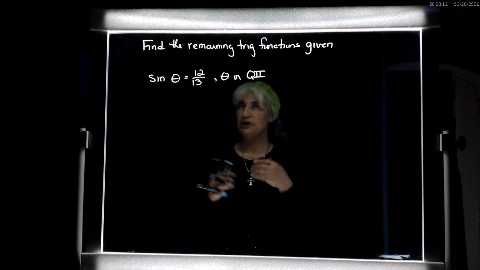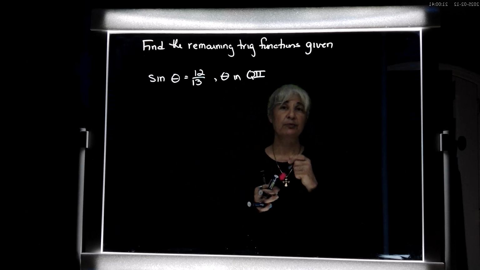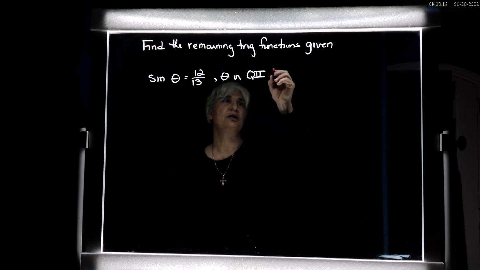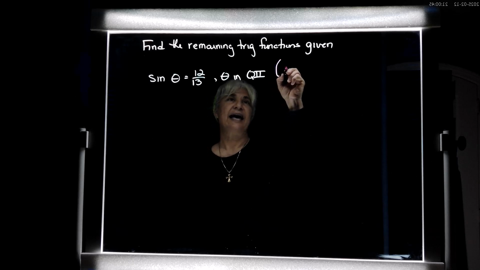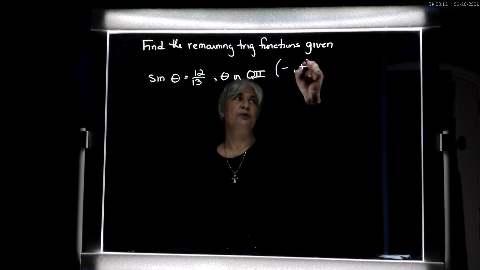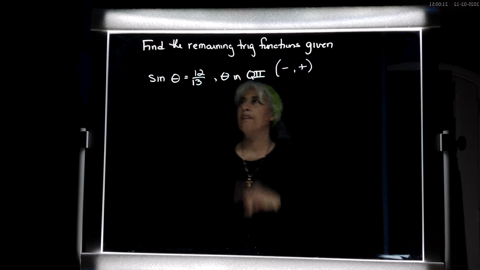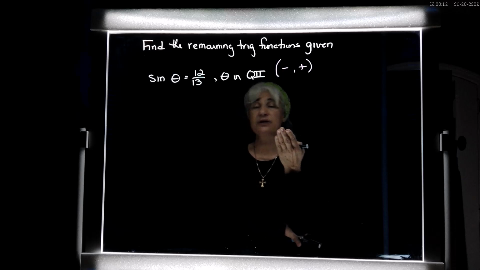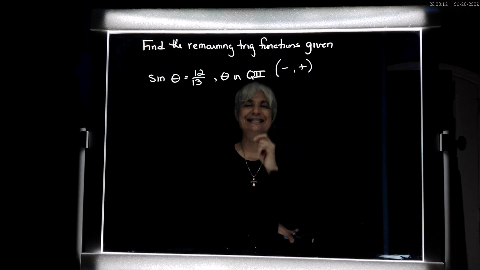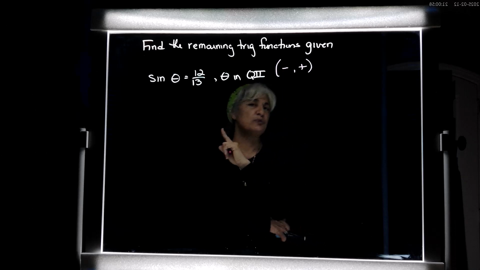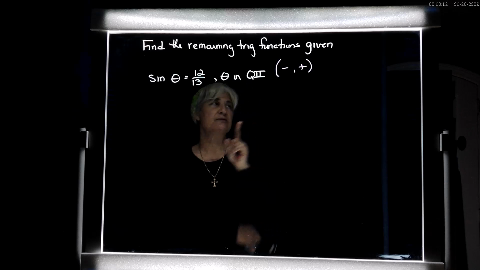Here's what my brain is saying. Quadrant 2 looks like this: the x's are negative and the y's are positive, so I'm going to keep that in mind as I'm working. Now, did it tell me I was on the unit circle? It did not, which means you cannot assume r equals 1.